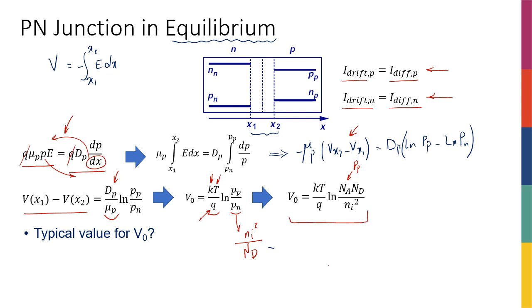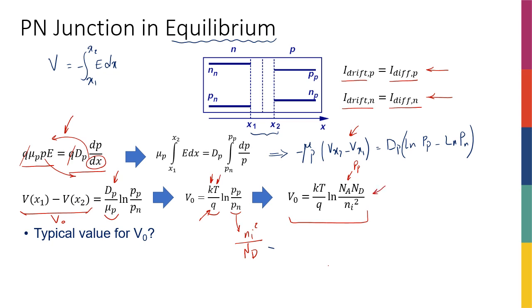Okay, so this V naught, by the way, is defined as V(x1) minus V(x2). It tells me that when I have the depletion region and I reach equilibrium, I'm going to have a voltage across this depletion region, which I'm going to call V naught, and it can be calculated using this expression.